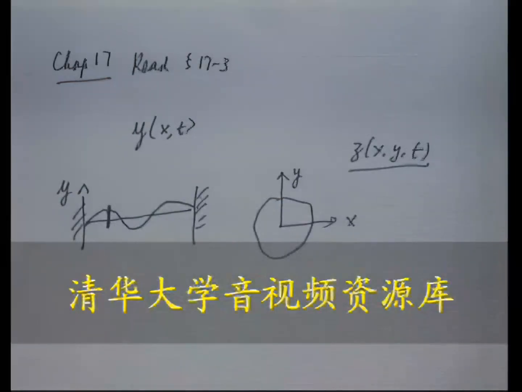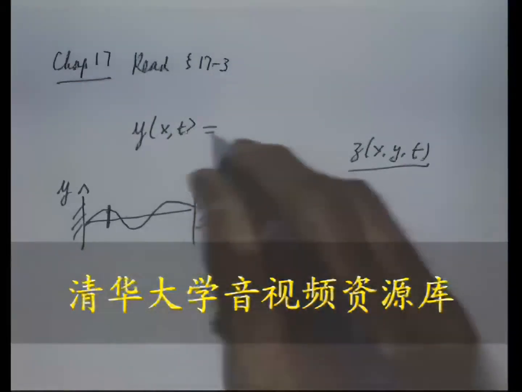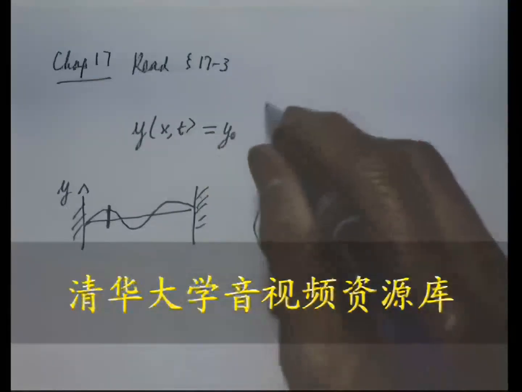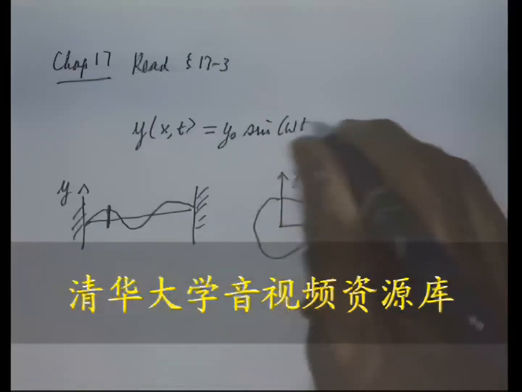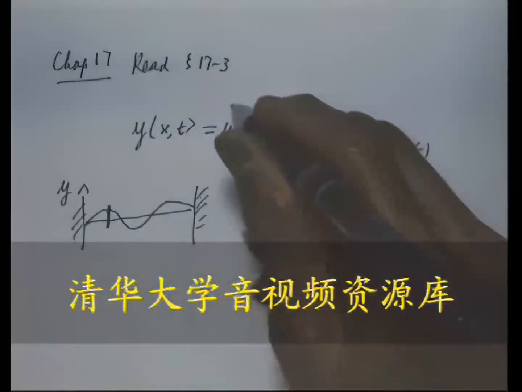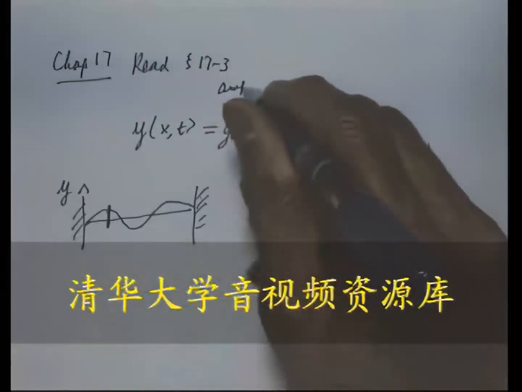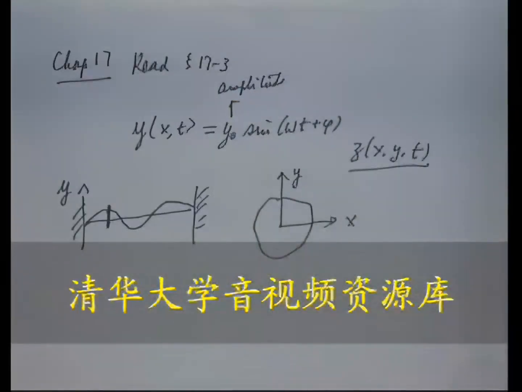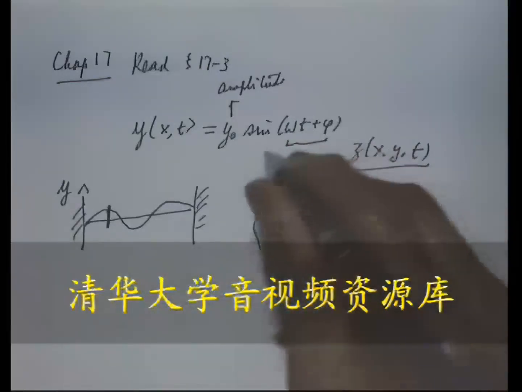A typical vibration is like this. y is equal to y0 times sine or cosine of omega t plus phi. y0 is called amplitude. This is called phase.